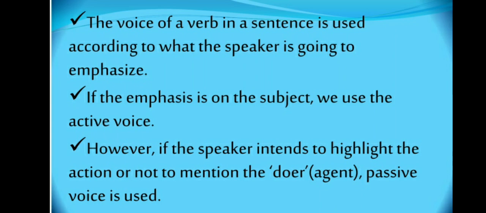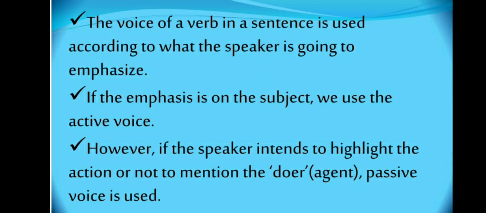So we use the passive voice when we don't know or when we don't want to talk about who performed the action, or even if the agent, the doer, is not important, okay, to general understanding.